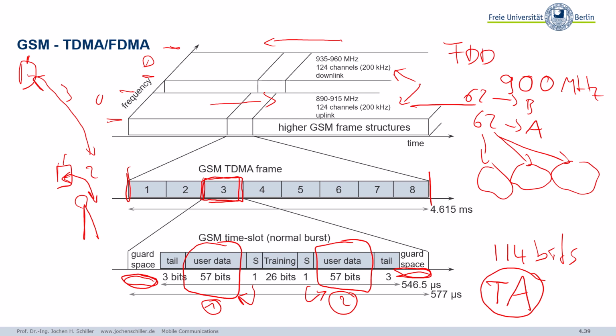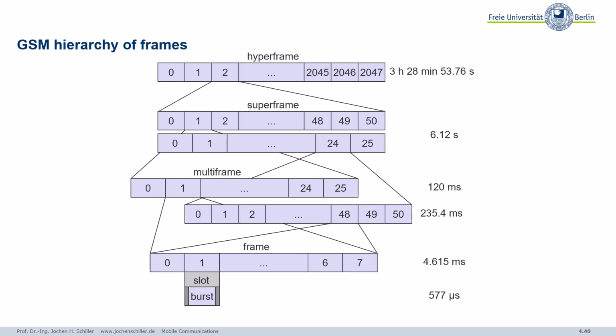However, if you have a closer look at all this multiplexing, and this is where I will not go into more details, you will see that GSM has many, many more frames, a whole hierarchy of frames. We now had a closer look at this TDMA frame here, repeating every 4.615 milliseconds.